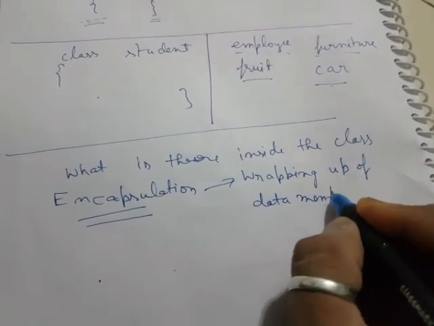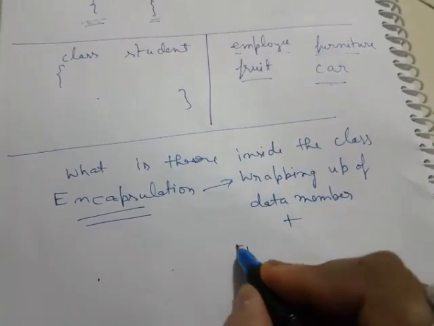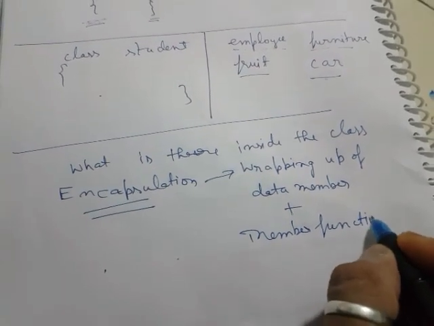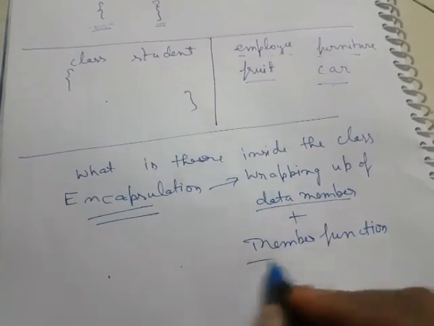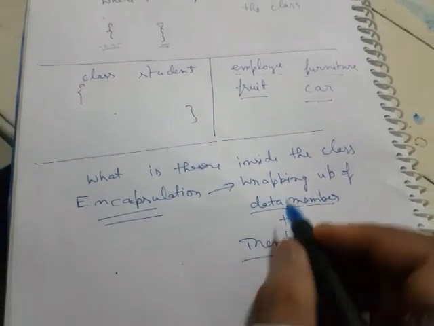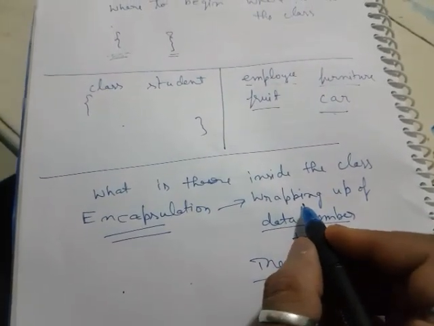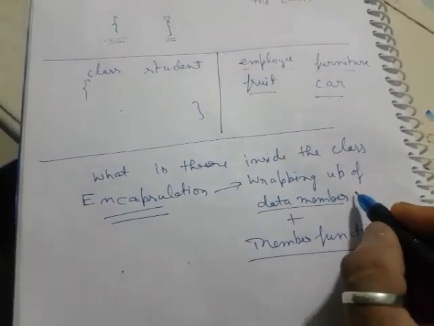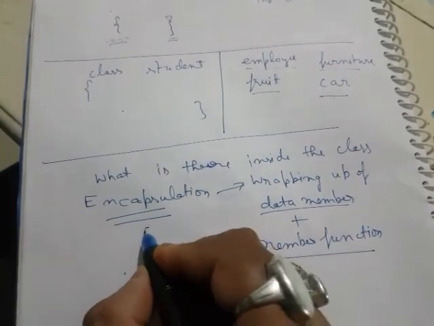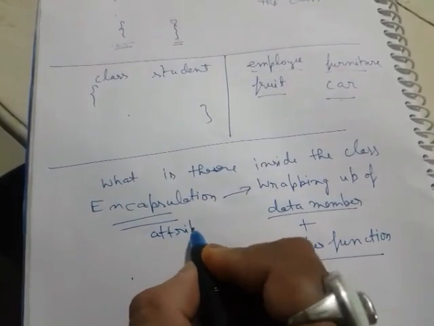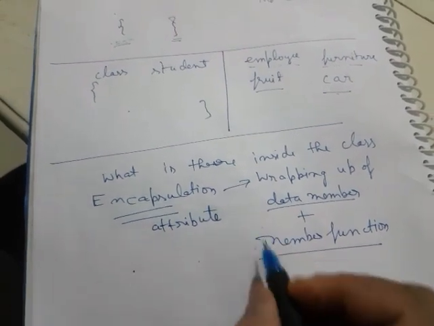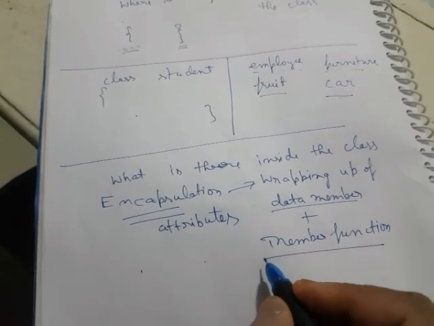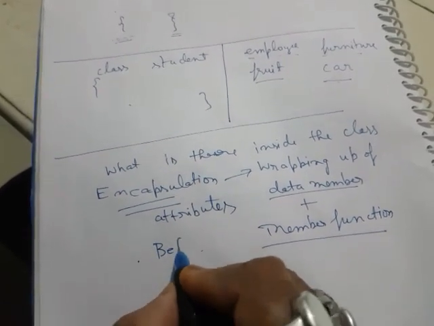Data members and member functions. In object oriented programming terminology, data members are the way to implement the attributes, and member functions are there to implement the behavior.